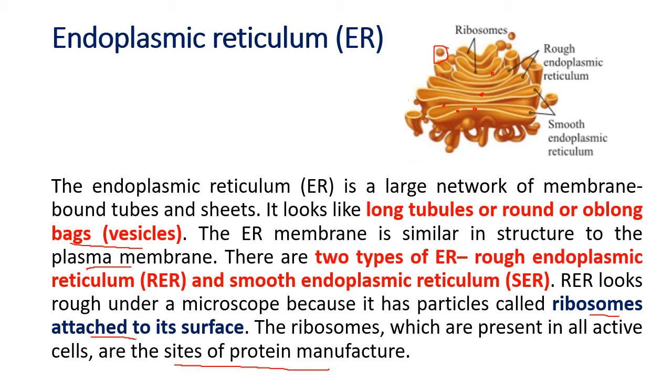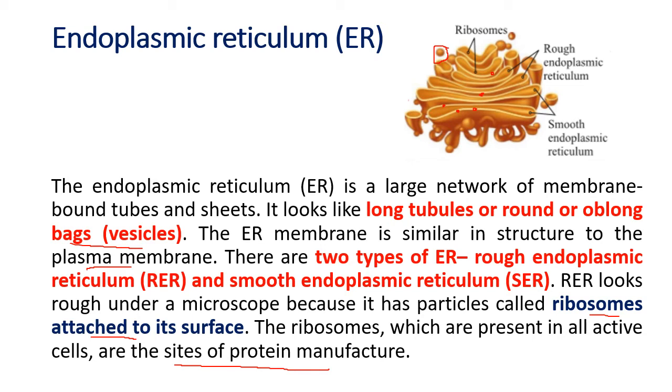Now the manufactured proteins are sent to various places in the cell depending on the need, using the endoplasmic reticulum. The ribosomes are manufacturing the proteins, but the proteins have to be sent to various places inside the cell. So who does that?